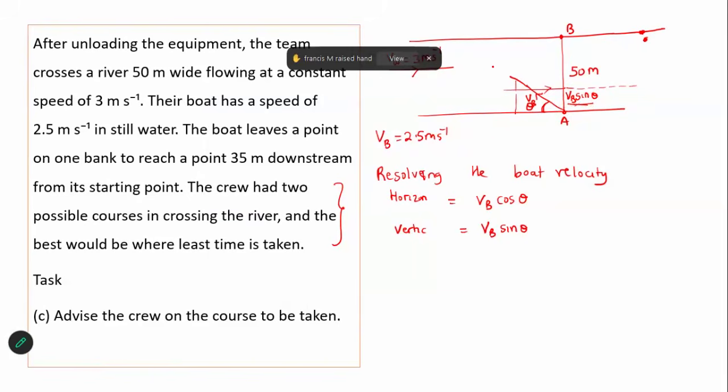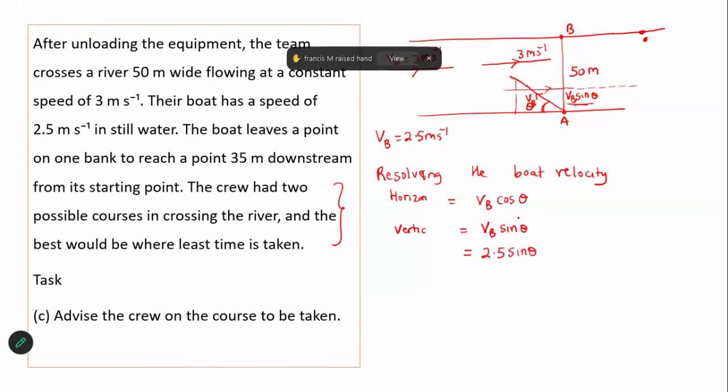Then remember, our current going down here is going to be 3 meters per second. That is the current of the water. But this VB of ours, they told us that the speed of the boat was 2.5. So this is going to be 2.5 sine of theta.